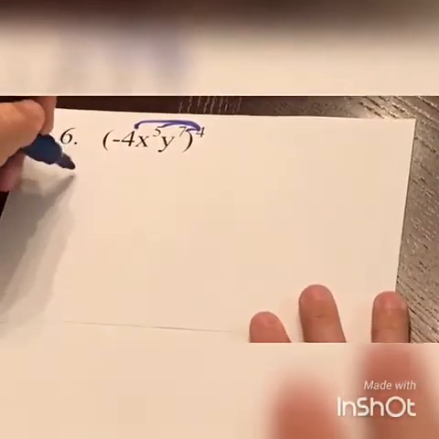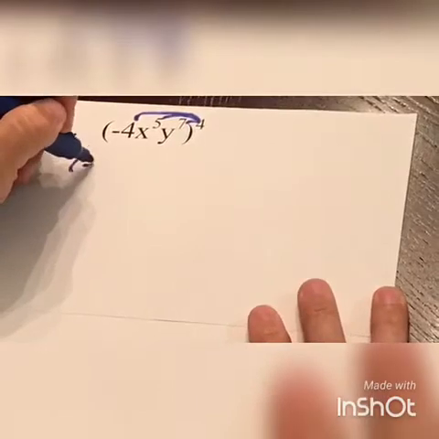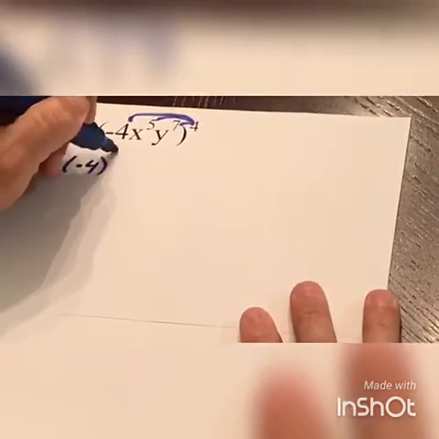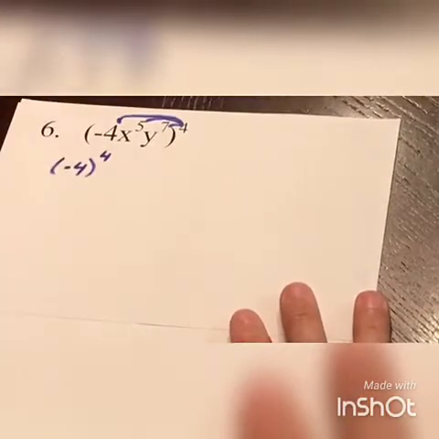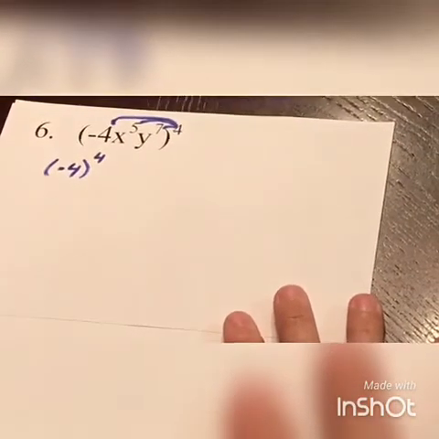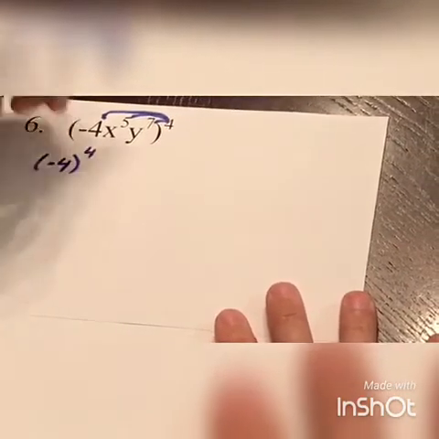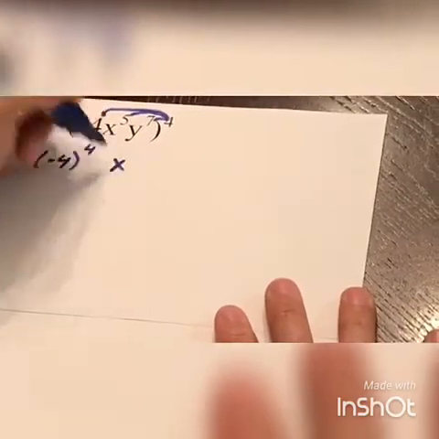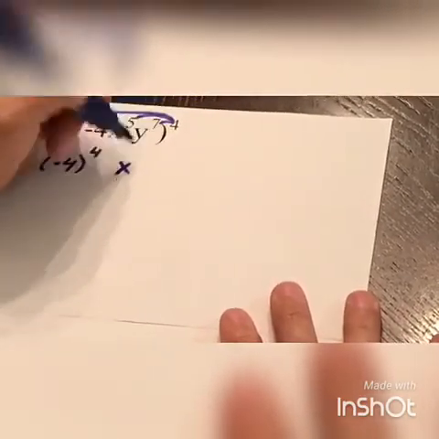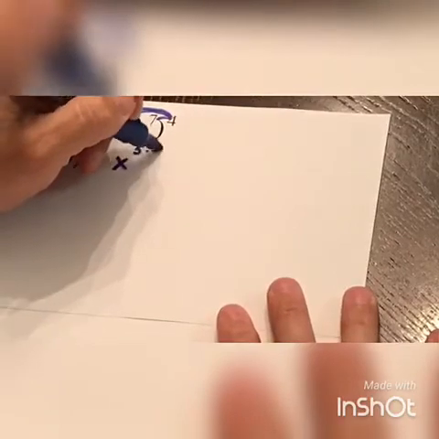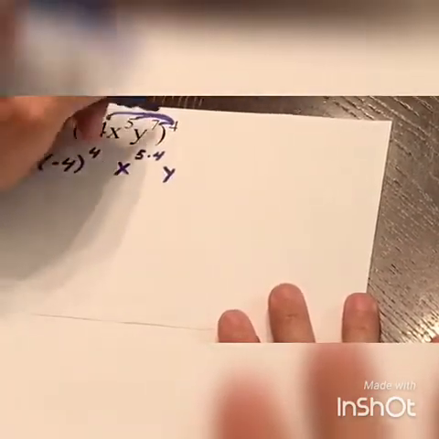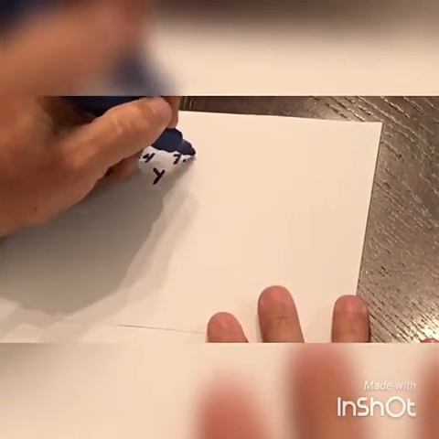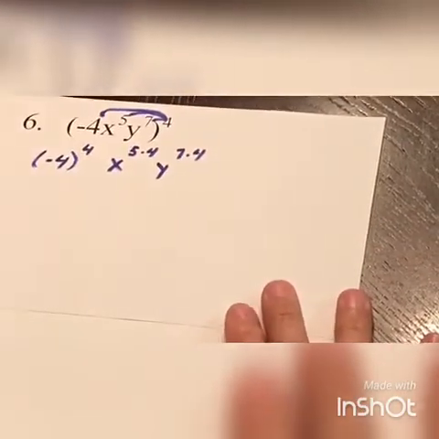But since that is a negative 4, we need to write it down as negative 4 with parentheses and the exponent of 4 behind the parentheses. And then x, it's not 5 plus 4, it's 5 times 4. And then y, not 7 plus 4, 7 times 4.